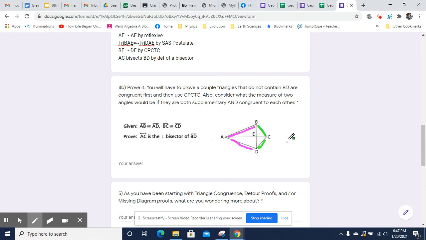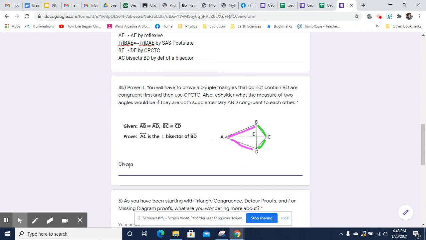All right, and as you can see, we don't have enough information to prove these two pieces are congruent or anything about these angles yet, but we do have enough information to prove that these side triangles, ABC and ADC, are congruent. Okay, so let's start with the proof. So we've got the givens. After the givens, then we can say AC is congruent to AC by reflexive.